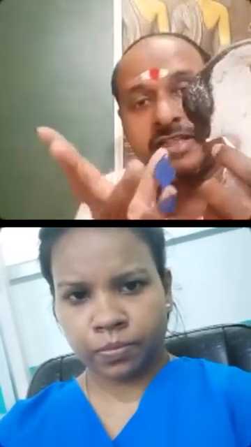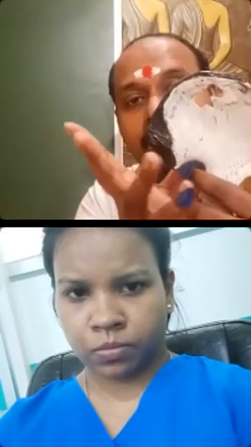So when the innominate is like this, the piriformis comes like this, and you get innominate dysfunctions, iliac dysfunctions. It will actually affect the piriformis mechanically, and the sciatic nerve, which is here, will also get compressed. So innominate dysfunction can affect the piriformis directly, although the piriformis is not attached to the innominate.